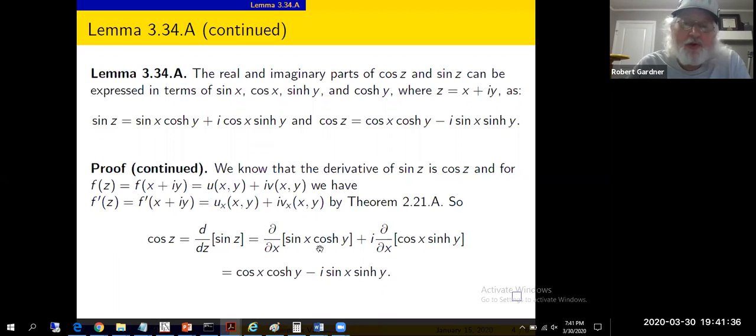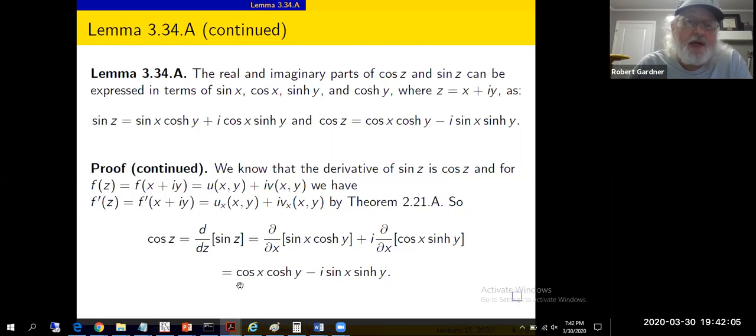So we'll take partial derivatives. We had sine z expressed earlier from the previous slide. So this will be a partial with respect to x of sine x cosh y and a partial with respect to x of cosine x sinh y. With respect to x, the derivative of the sine becomes a cosine. The derivative of the cosine becomes a negative sine. The hyperbolic trig functions are not functions of x, so not relevant here.